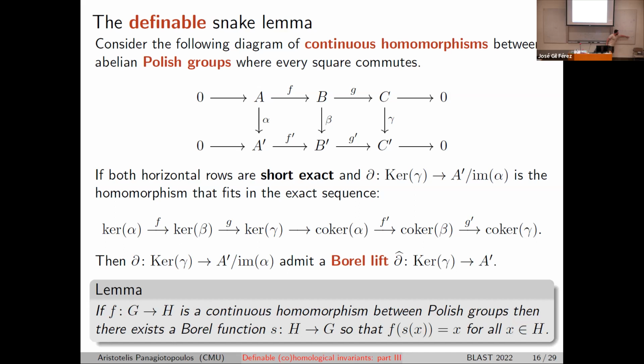So Baire space consists of all infinite sequences of natural numbers. Here is one, and I can truncate it. I can look at the first coordinate, the first and second together, the first, second, and third coordinates, and this will give me this path. This tree consists of finite sequences of natural numbers.